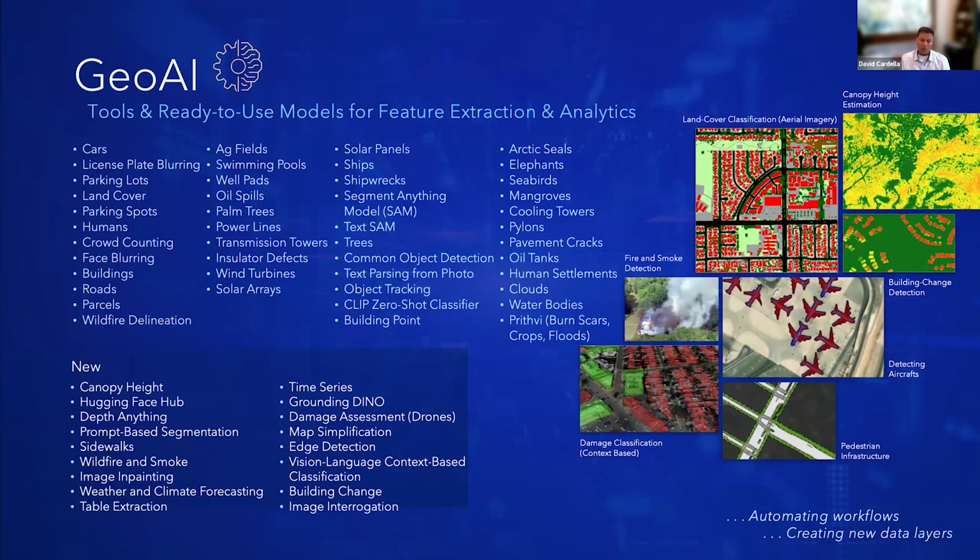There are well over 100 of these models, and they include land cover classification, extracting building footprints, identifying other features such as transmission towers, and this can be done both in 2D as well as 3D. And these models work against really large, massive data sets, making sure that you can scale and automate your workflows when using them.